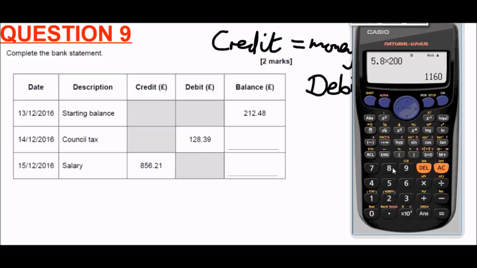And so using the calculator, we can type in £212.48, take away £128.39. Press the S-D button and we get £84.09. And so that's what we need to fill in next.